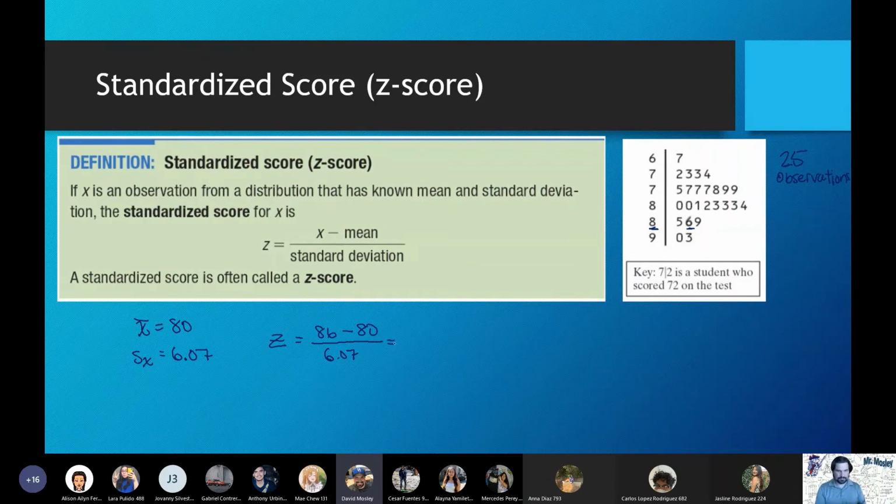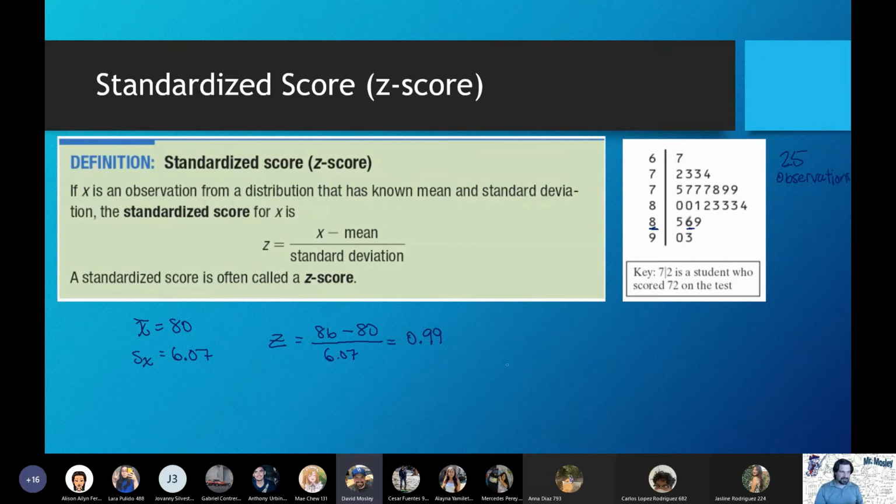Which will be 86 minus 80, and that gives us 0.9884678, and so on. So we're going to go with 0.99, rounding to two decimal places. So the z-score for a score of 86 on this test is 0.99.